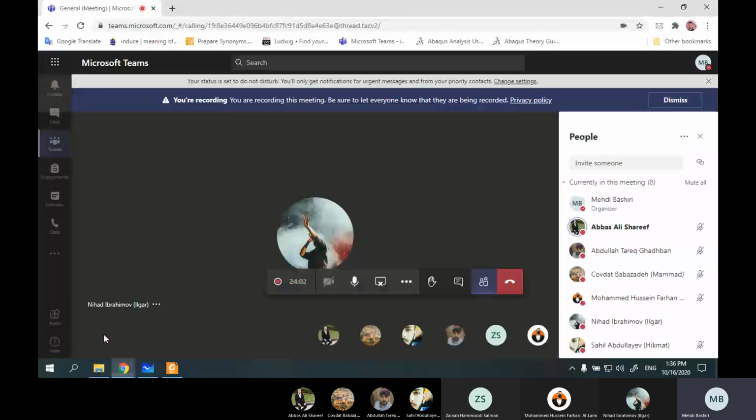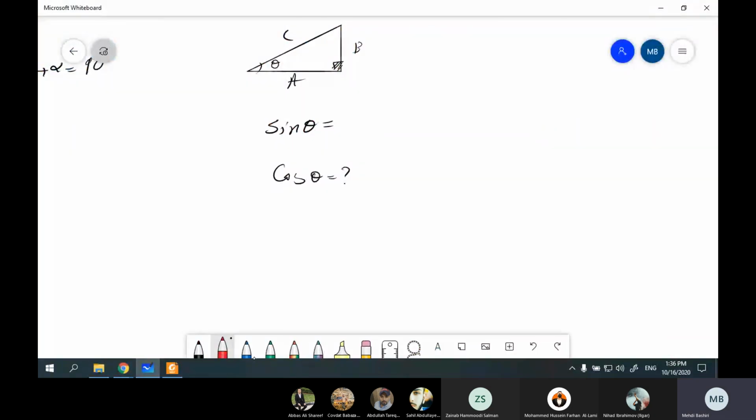When we want to find the sine, it is B divided by C. What about cosine? A divided by C. So what is A now? A is equal to C dot cosine of theta.